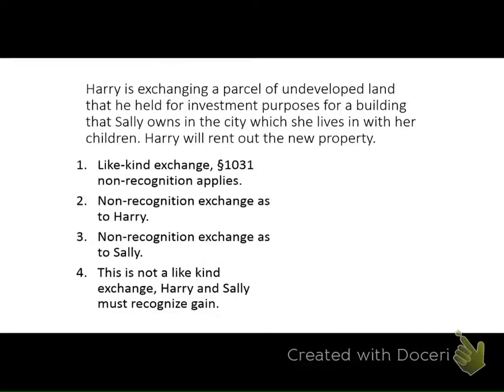So here we have a situation where Harry is able to use the non-recognition provision, but Sally will not. So Sally will recognize gain or loss. Harry will be able to defer the recognition of gain, not recognize loss, and he'll be able to recognize that in the future.